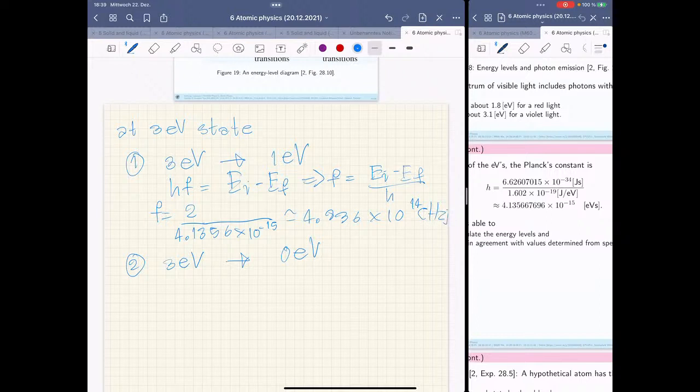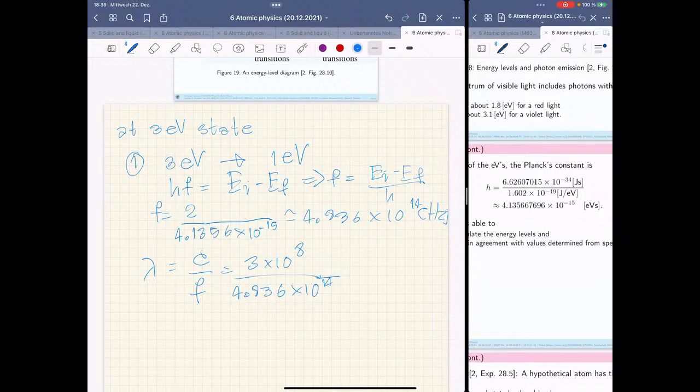You can convert it to the wavelength by using the typical formula, c equals lambda f. So lambda is going to be c by f. It's 3 times 10 to 8 divided by 4.836 times 10 to 14.